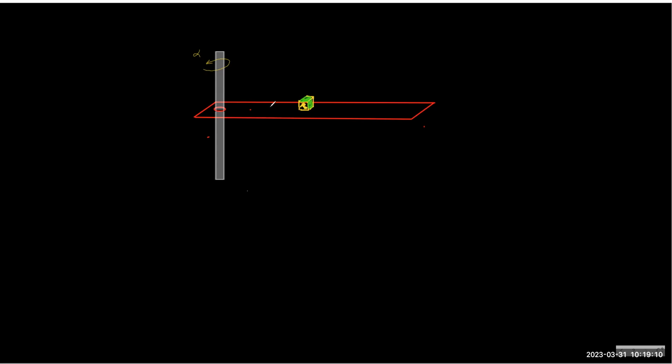And the block is kept on the surface and it is at a distance L. Same question. Find the time after which the block will slip. Tell me.